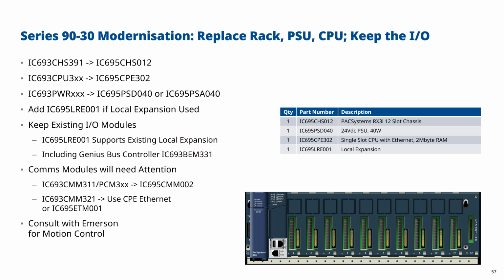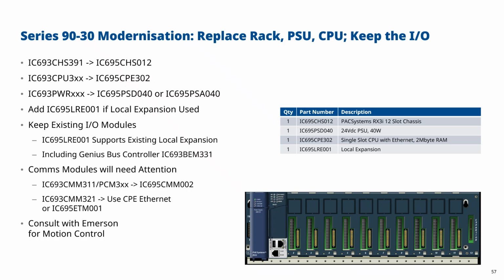Now, power supply, that's easily replaced by using either a PSD040 or PSA040. I recommend the PSD040 because then you're only using a single slot, and that guarantees that you've still got the full available range of slots for the older Series 9030 modules.